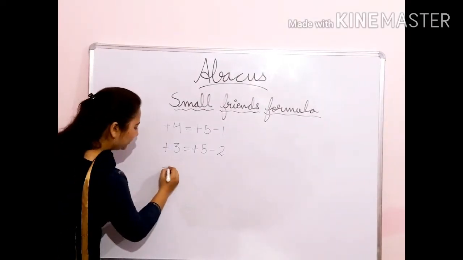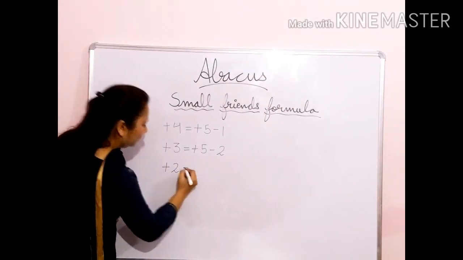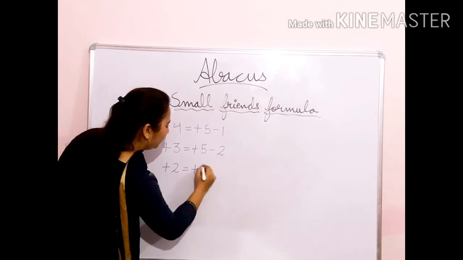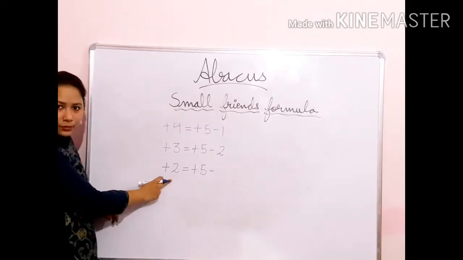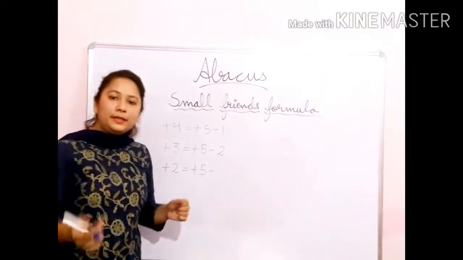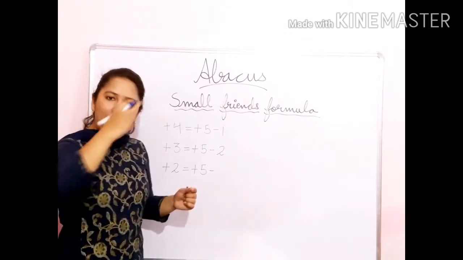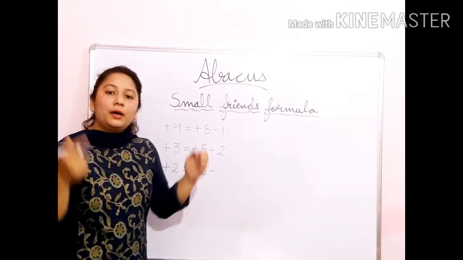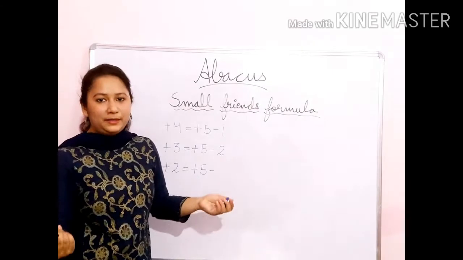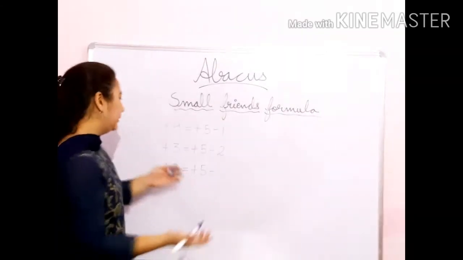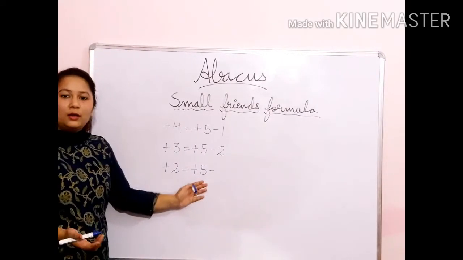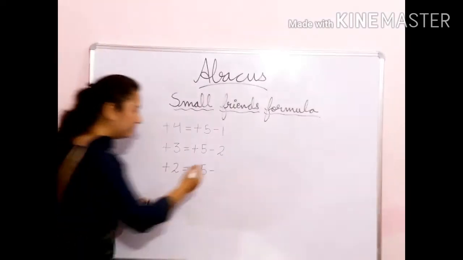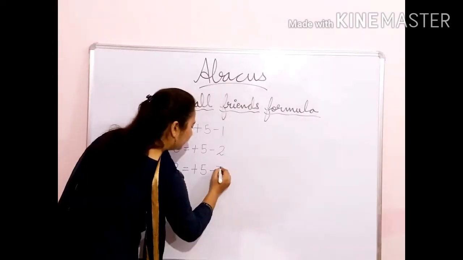Now your next. If you have to add plus 2 and the bead is not there, means in abacus tool you have to add 2 and you are lacking of bead, then you have to use this formula. For plus 2 you will use plus 5 minus 3.